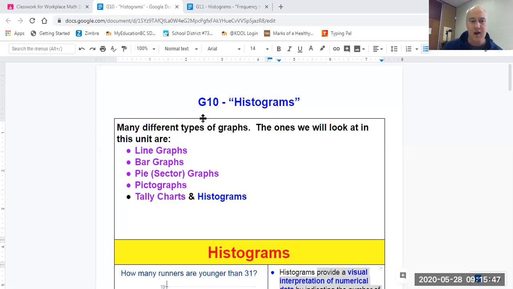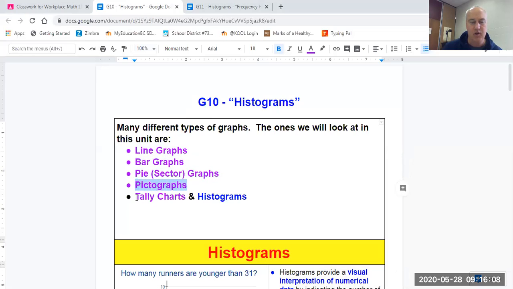So basically, a histogram is, as we said here, connected with tally charts. Just as a bit of a review, we have already talked about line graphs, bar graphs, pie graphs, and pictographs.